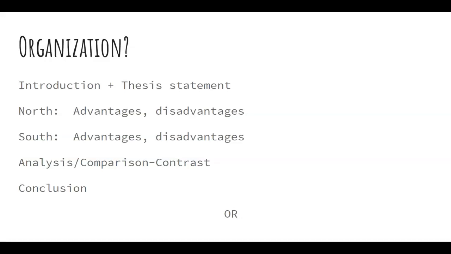So your basic organization is an introduction and a thesis statement. You've turned in your outlines, but you can always change that too. It doesn't have to be what you turned in. That's to get you started, but you can change it as you need to.